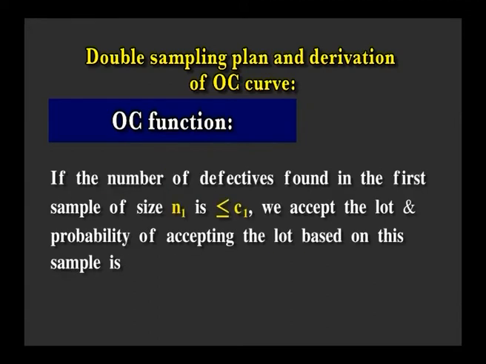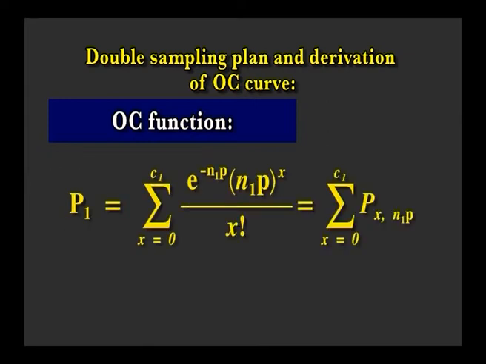If the number of defectives found in the first sample of size n1 is less than or equal to c1, we accept the lot, and the probability of accepting the lot based on this sample is denoted by P1, given by summation x equal to 0 to c1 of e to the power minus n1p, n1p to the power x by x factorial. In short, that is written as summation x equal to 0 to c1 of P(x; n1, p).